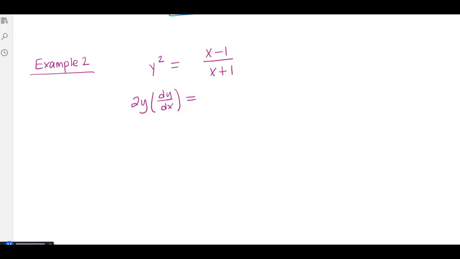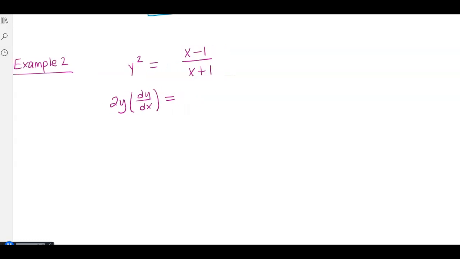On the right-hand side, we're going to write the bottom function times the derivative of the function on the top. The function on the top has a derivative of just 1. This is the bottom function. The bottom function also has a derivative of 1. Technically, it would be 1 dx dx, but we don't write that because it doesn't add any value.